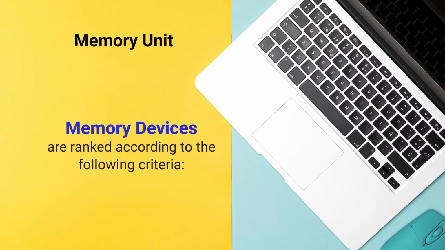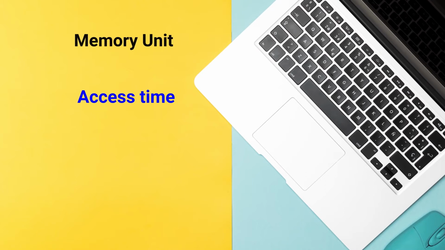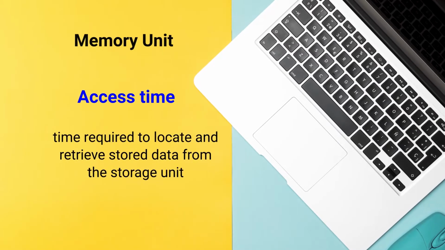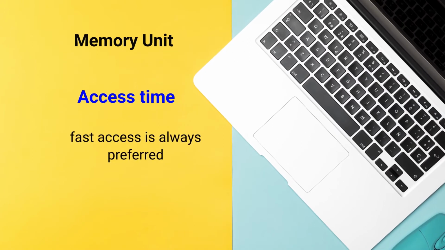There are various memory devices used for this purpose, and these devices are ranked according to different criteria. These criteria may be the access time, the storage capacity, or the cost per bit of storage. Access time is crucial because any operation in the computer is taken care of by the program and data. If the CPU instructs to perform an operation, the time required to locate and retrieve that data is very crucial, and that's why we are interested in fast access for these devices.